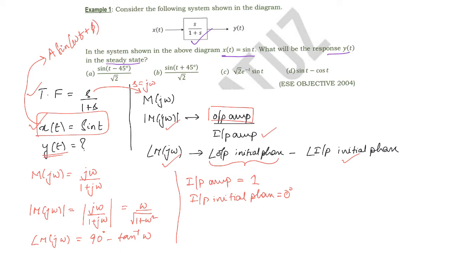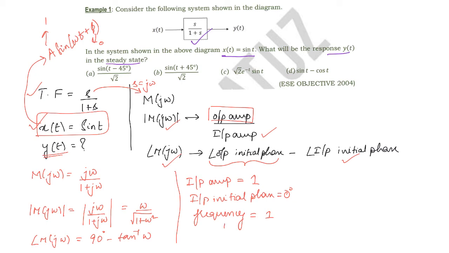So here amplitude A is 1 and phi is 0. And one more thing that you have to notice here is the frequency of the sinusoidal signal is 1, omega is equal to 1. So this is the information we have.